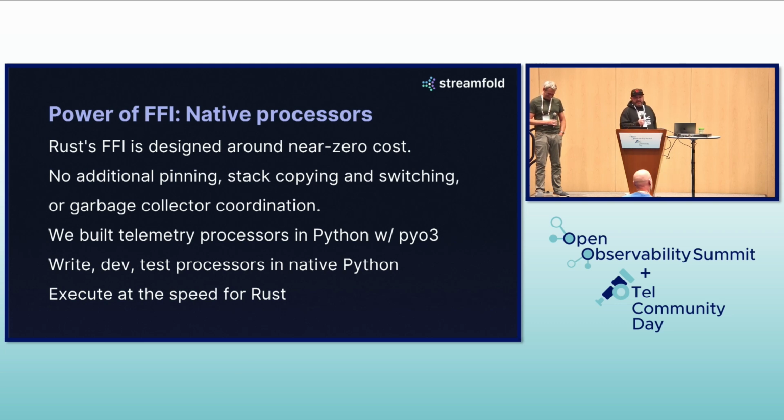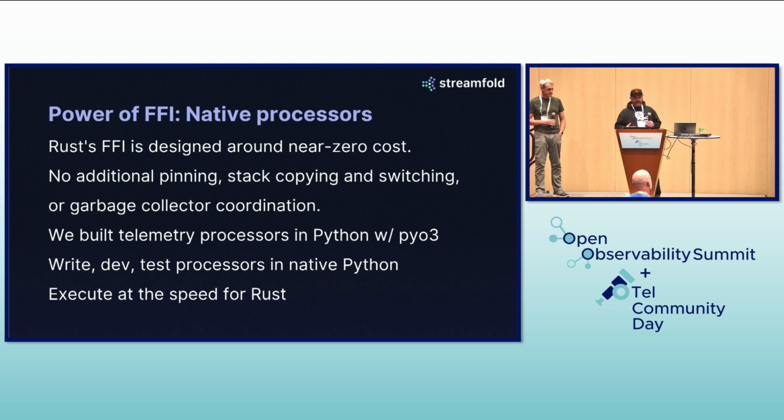Yeah, so Rust FFI is designed around zero cost. I mean, it's not really zero cost abstractions, any abstraction is going to have some cost, but that's generally the goal. And this has allowed us to build integrations with other native languages. So we have a Python processor API where you can write processors right in Python, and we're going to dig into that for a moment.